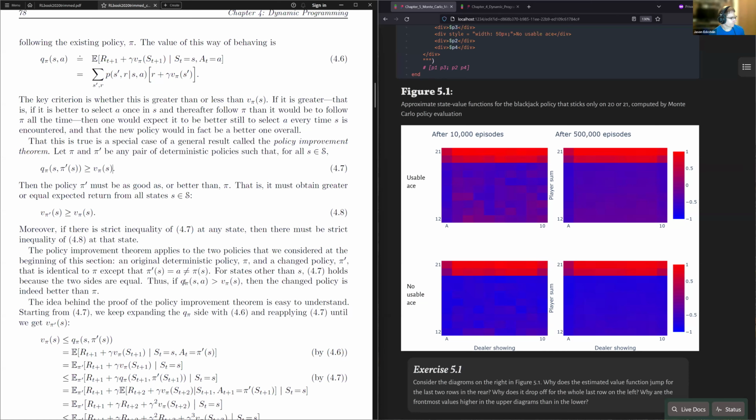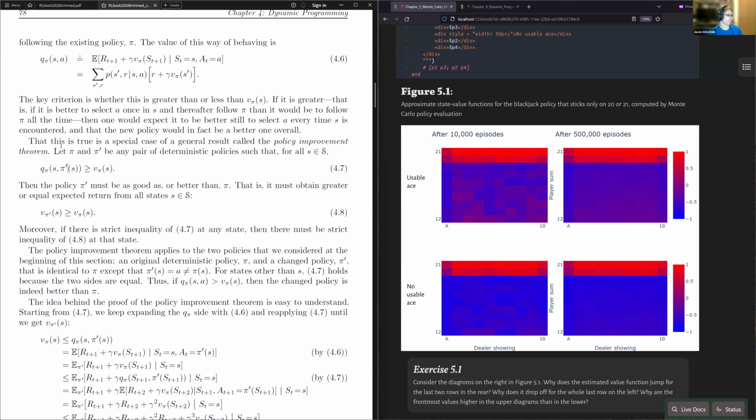This proof requires taking a leap. The reason it isn't obviously true immediately is that when we first write this down, we're considering taking this improved action just one time, while following the old policy for the whole rest of the time. But here we're saying that if we take this different action all the time, not just one time, then that is better.